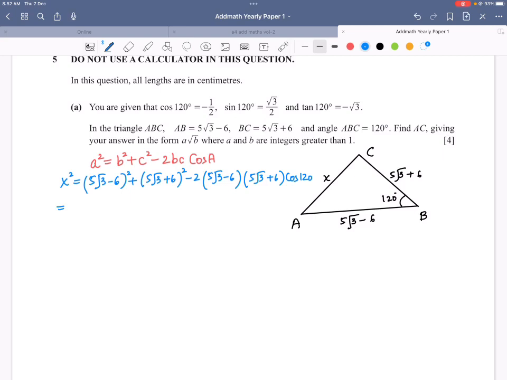We need to expand an identity here: a square minus 2ab plus b square, where a is 5 root 3 and b is 6.